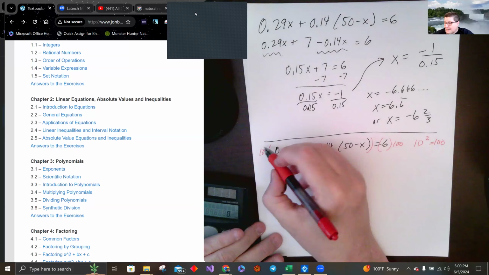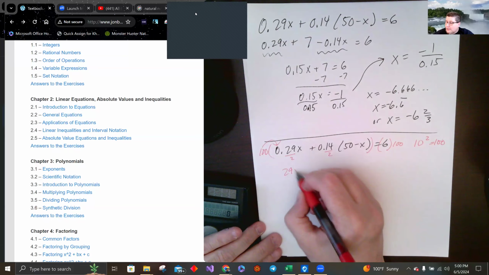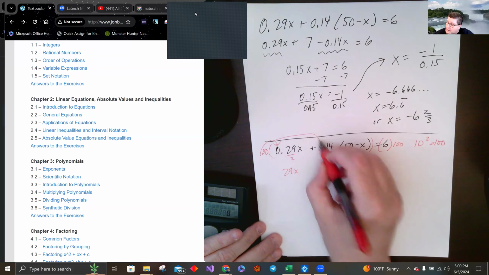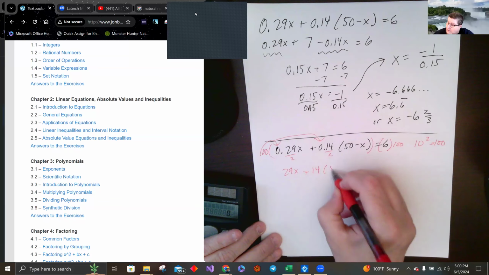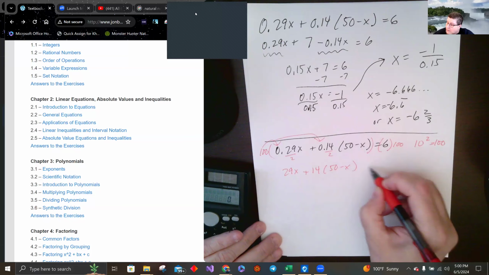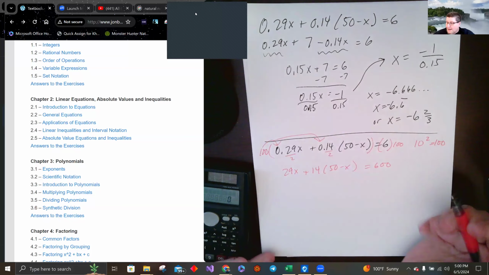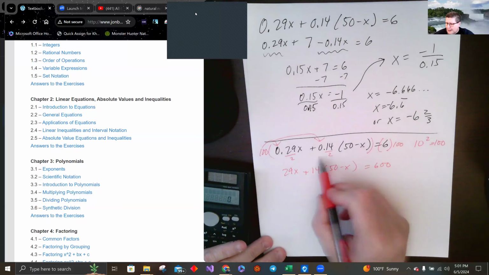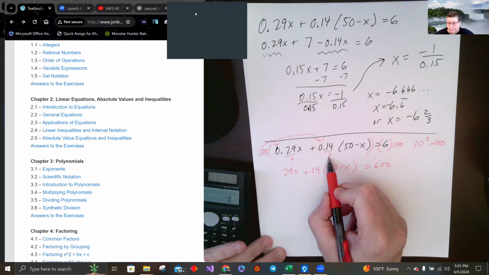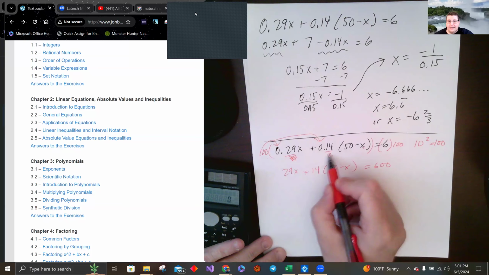What it does is it clears the decimals. These are all multiplied together, so I only need to do the 100 times one of them. That looks like I'm dividing. I'm not. I was counting the decimals.